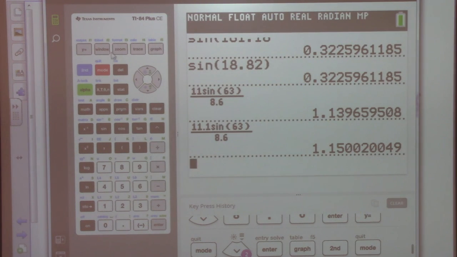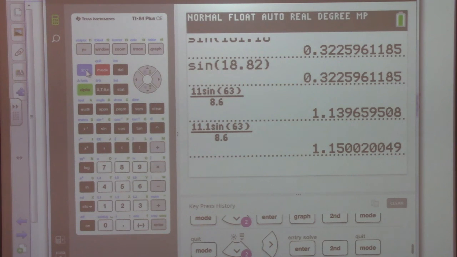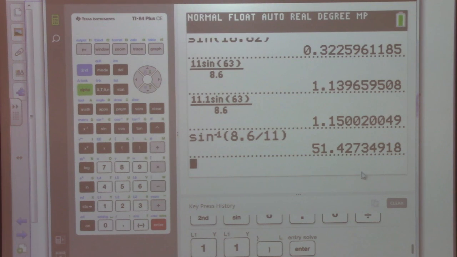Again, back to degrees. Inverse sine of 8.6 over 11, that's going to be our maximum angle we can have. So it has to be smaller than that angle for that to work out with the value.